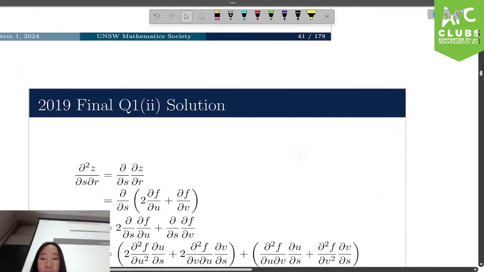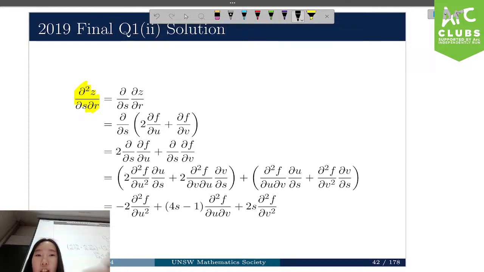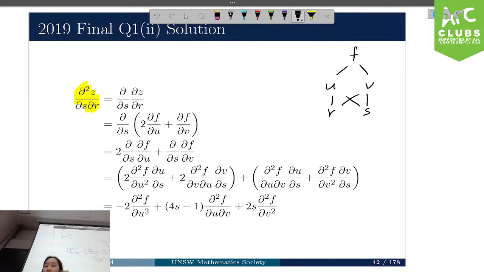And what is a bit hard is the second partial derivative over here. So I'll still just quickly draw the diagram so we can use it. U, V, R, S. So what we have is we take the partial derivative with respect to s, and also the partial derivative with respect to r.